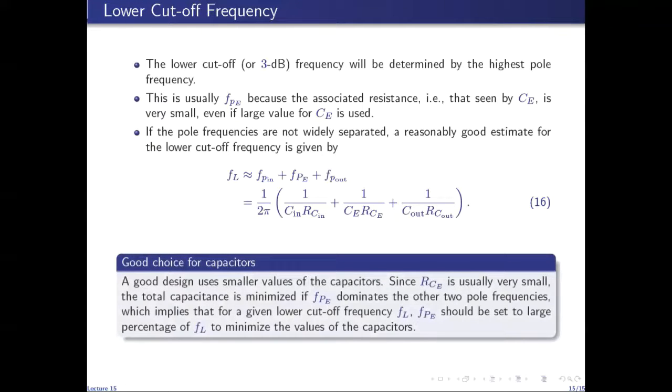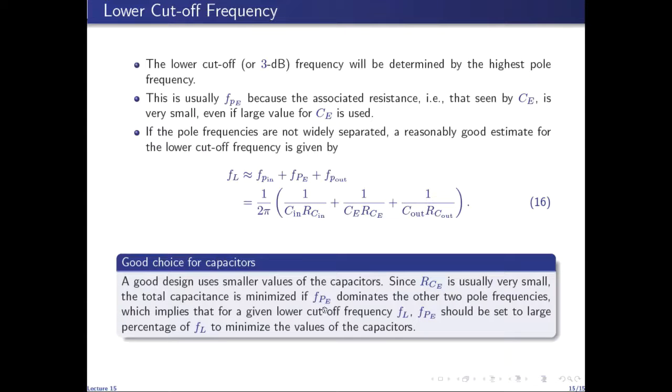Given a design constraint on the lower cutoff frequency of an amplifier, it is a good practice to ensure that FPE, which is the pole frequency due to the bypass capacitor, dominates the other two pole frequencies, because the resistance seen by the bypass capacitor CE is usually very small.